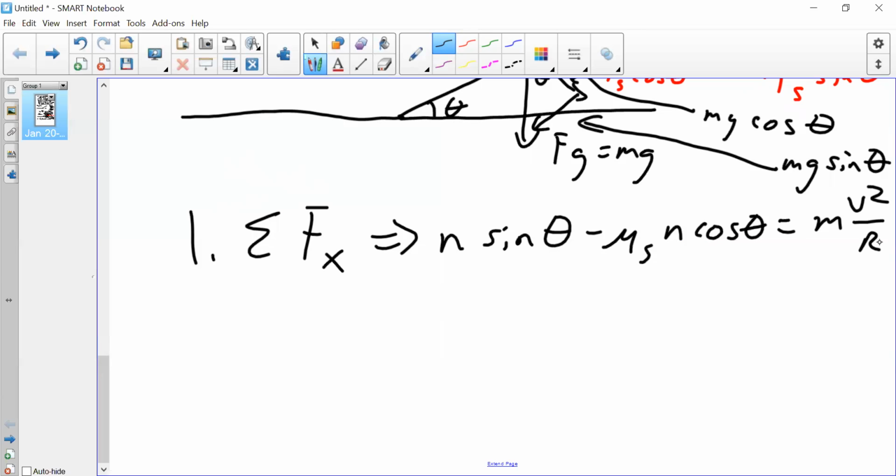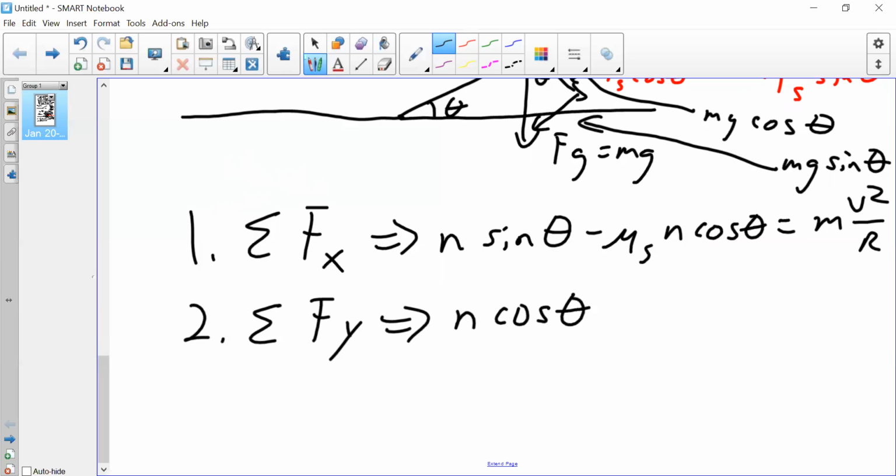It goes in a circle. And then secondly, the forces in the y direction: N cosine theta plus mu s N sine theta minus mg, no acceleration there.